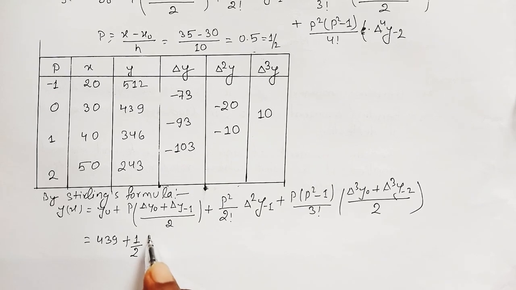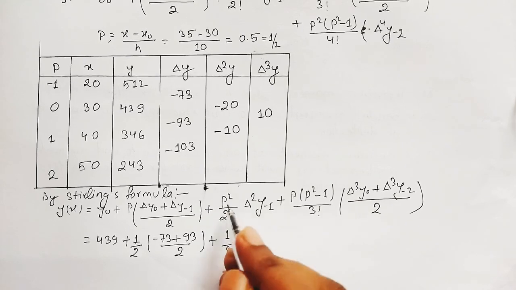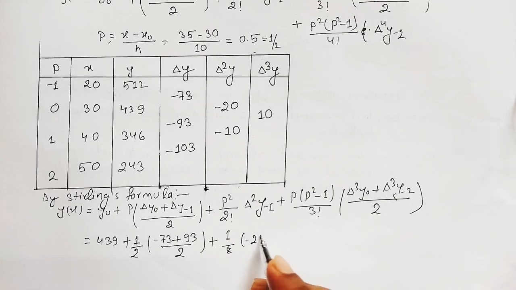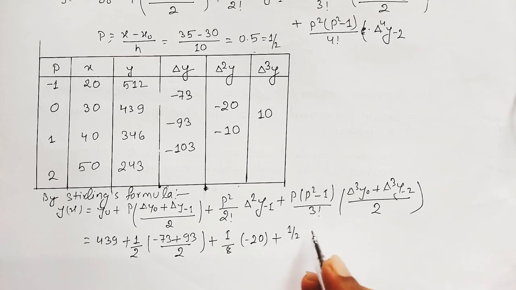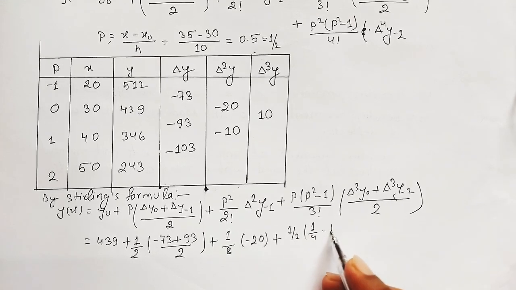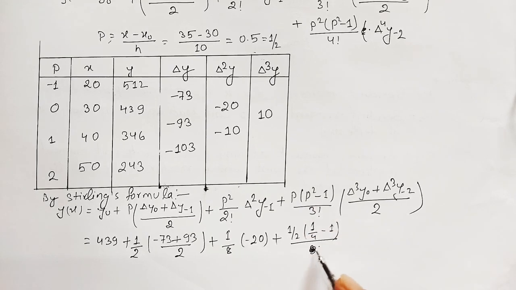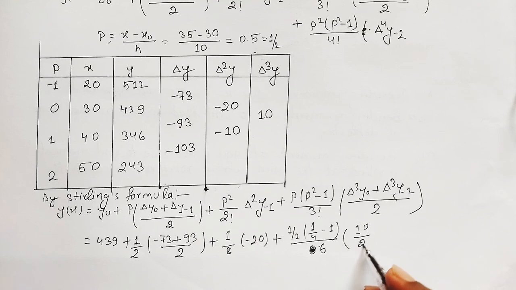So 1 by 2 times (minus 73 plus 93) divided by 2, plus 1 upon 8, this is p square by 2 factorial, times minus 20, plus 1 upon 2 times (1 upon 4 minus 1), 1 by 2 square is 1 by 4, so divide by 3 factorial means 6, times, on solving this we will get 10 upon 2.